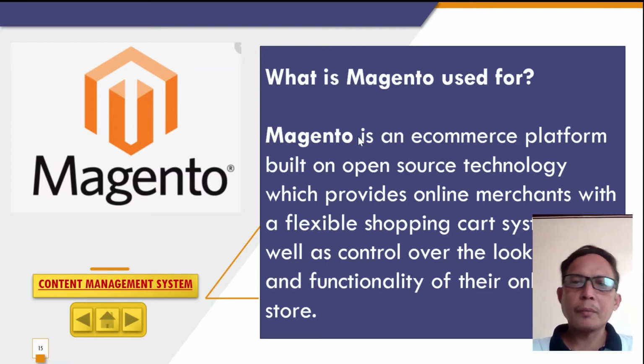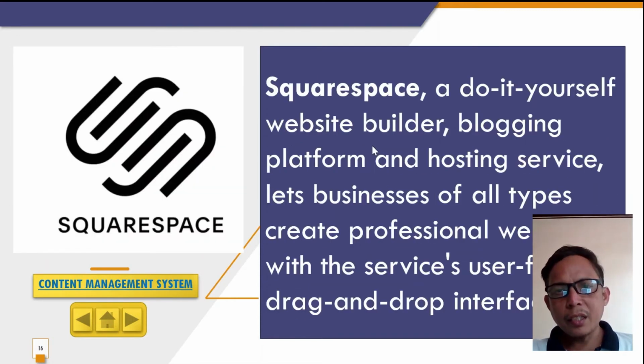For example, Lazada and Shopee are examples of e-commerce platforms, and also Magento. Last is Squarespace. It is a do-it-yourself website builder, a blogging platform, and hosting service. It lets businesses of all types create professional websites with a user-friendly drag and drop interface.